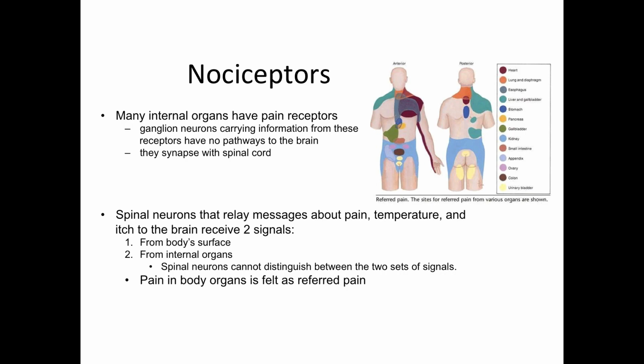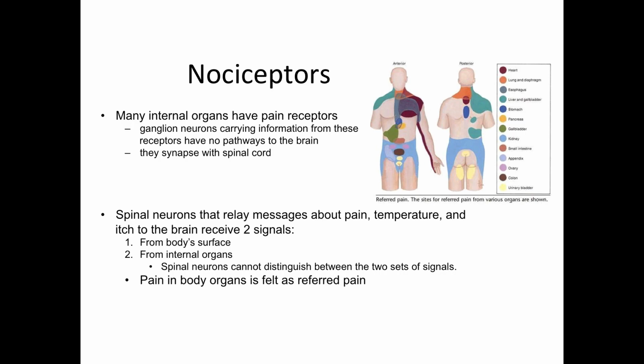So because of that, the neurons in the spinal cord can relay pain, temperature, and itch messages that the brain receives in 2 sets of signals. So one of these signals will come from the body surface, and the other set of signals will come from the internal organs. So these spinal cord neurons cannot distinguish between the two sets of signals, and we cannot distinguish them either.